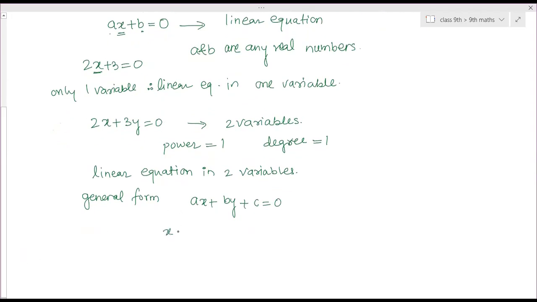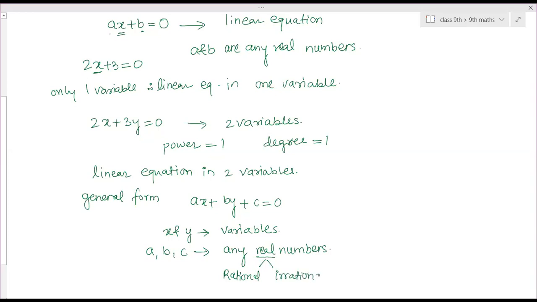Here x and y are the variables, and a, b and c are any constant real numbers. Real means it can be rational as well as irrational. That is not a problem.